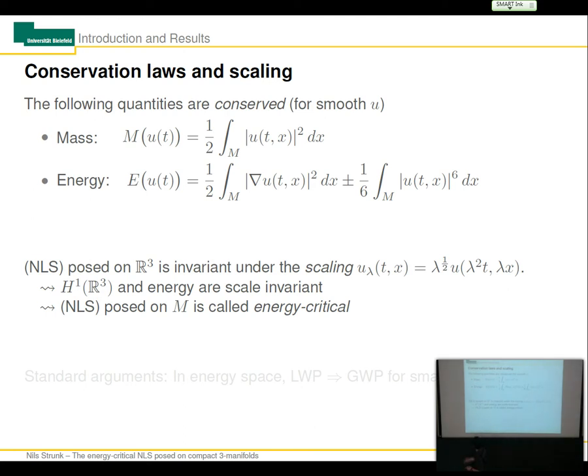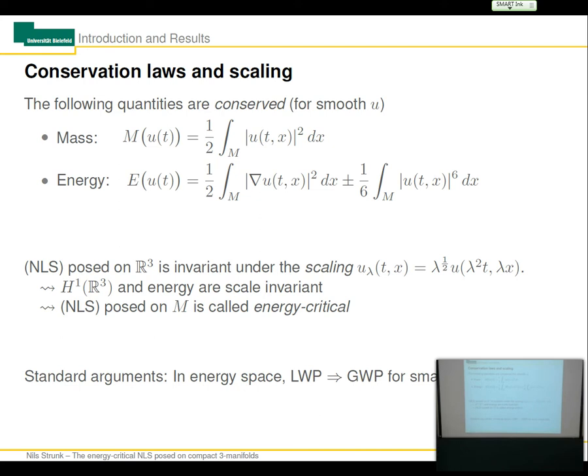The scaling looks like lambda to the power of 1/2 times u of lambda squared t and lambda x. So H1 in R3 is the scale invariant space, and also the energy is scale invariant. That's the reason why we call it, as stated on the first slide, the energy critical nonlinear Schrödinger equation.